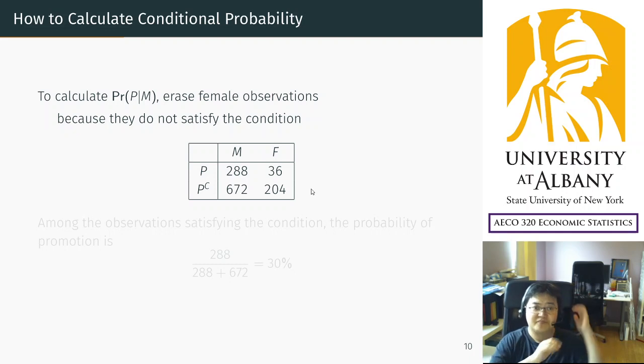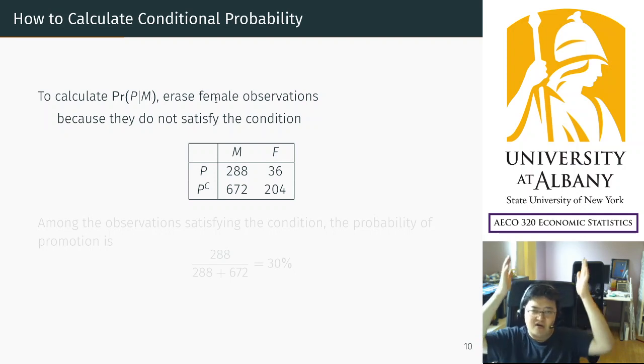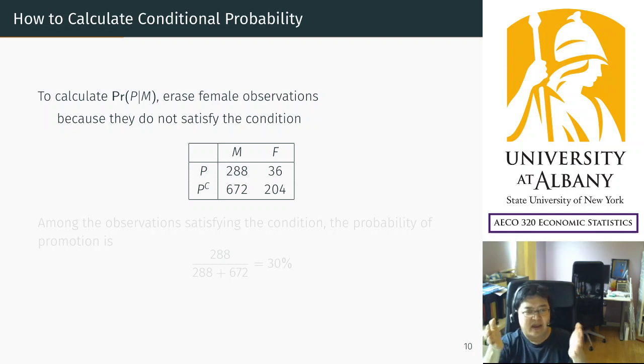Back to our example. How can you calculate that? Now, the conditional probability of P, promotion, given M, man. Among men, I know that the candidate is already a man, and what is the probability of promotion? Being a man is not a random event; it's given. And the simple idea to calculate this conditional probability is to erase the observations that do not satisfy the condition.